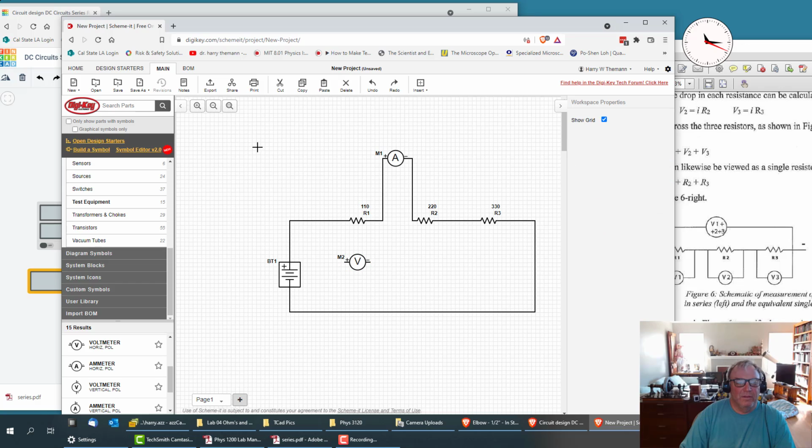Voltmeters are always much easier because you don't have to break the circuit. We can just splice it in there. And splice it in there. So you see the voltmeter and R1 are in parallel.